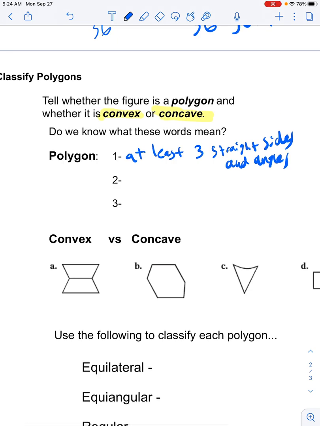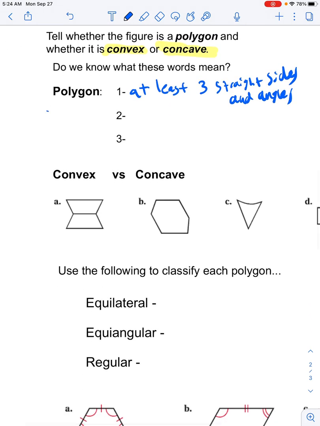And we've also got these convex versus concave definitions. So concave, if you think about that word cave, it's caving in. It's kind of got something that's hollowed out, or it's curving inward. So it curves inward, folds in on itself.